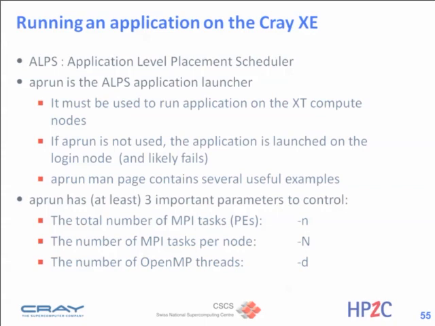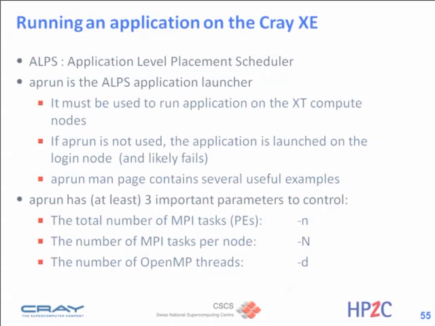If you don't use this, what you are doing is running an application on the login node, which is likely not what you want to do. If you look at the aprun man pages, there are 15 or 16 examples of what you should do to achieve particular specific goals. So have a look at this man page.